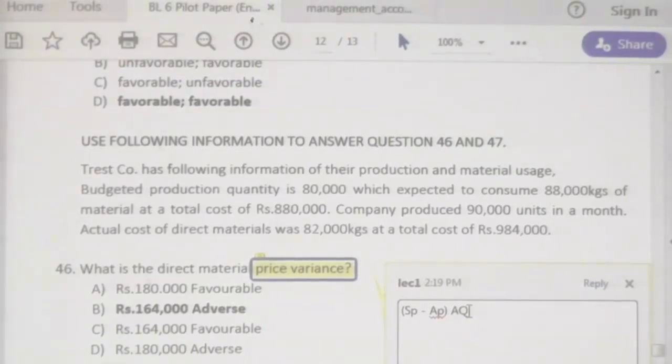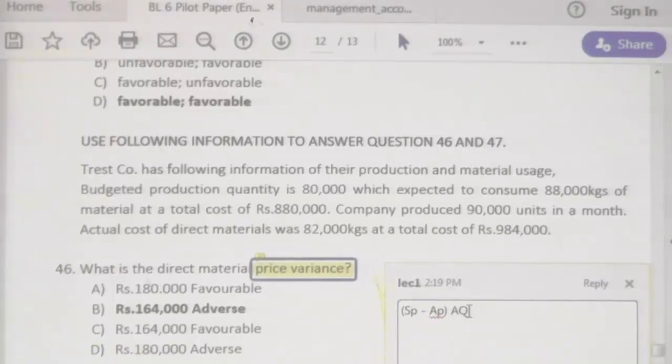The company has the following information. Budgeted production quantity 80,000 is not required here. It is expected to consume 88,000 kilograms of material at a cost of 880,000, that is budgeted information. Total budgeted cost is 880,000 and the quantity expected to be used is 88,000.